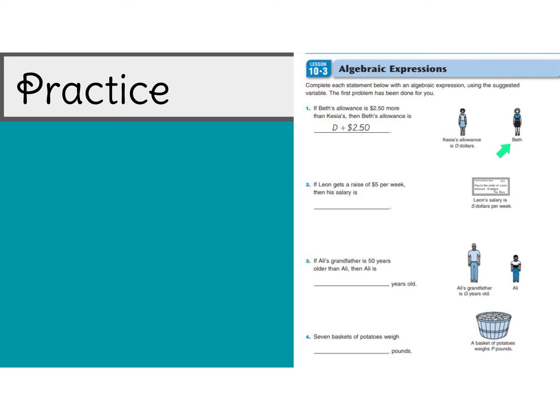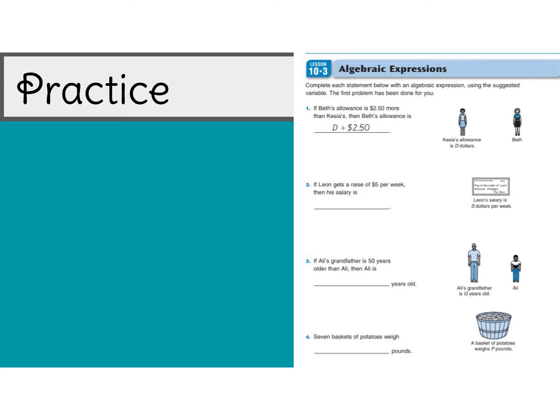We don't know what her allowance is exactly, other than the fact that it tells us that hers is $2.50 more than Kesha's. So we know that Kesha's is going to be represented by letter D. So if we look at the equation that they came up with, letter D stands for Kesha's allowance plus $2.50. So technically this is going to be our equation to represent how we would go about finding Beth's allowance.